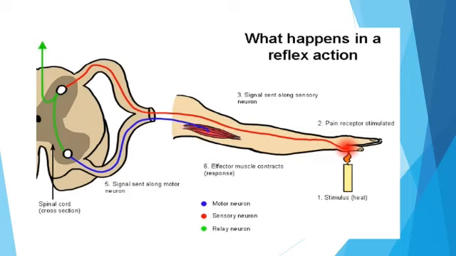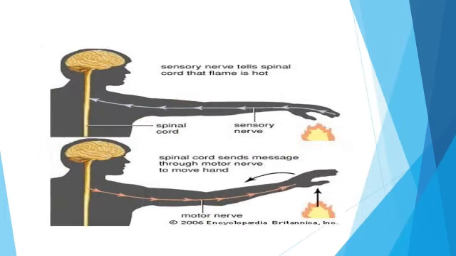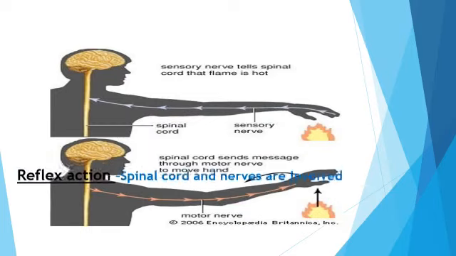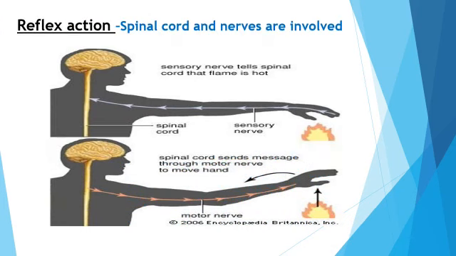Thus, the brain is not involved in this reflex action. Therefore, in a reflex action, only the sensory nerves, the spinal cord, and the motor nerves are involved. The brain is not involved in this whole process.